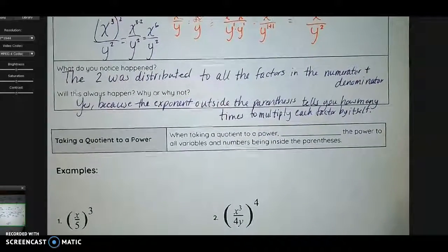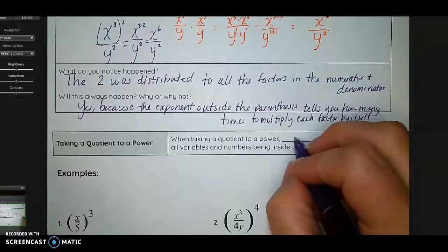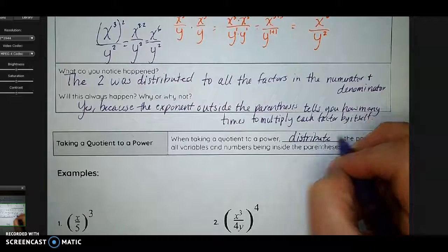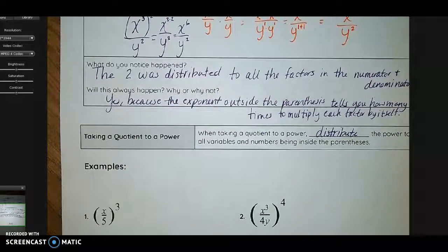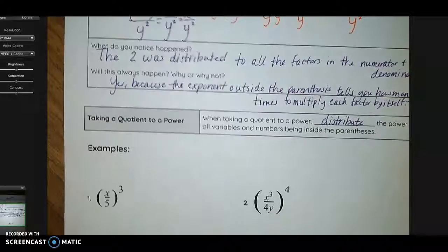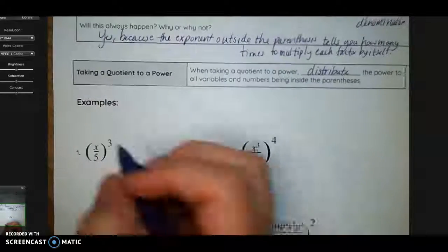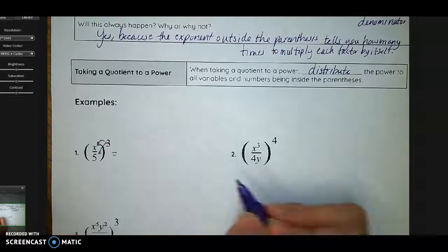So when you're taking a quotient to a power, multiply the power or distribute the power to all the variables and numbers inside the parentheses. So for instance, I have x over 5 to the third, and that's like x divided by 5 to the third.